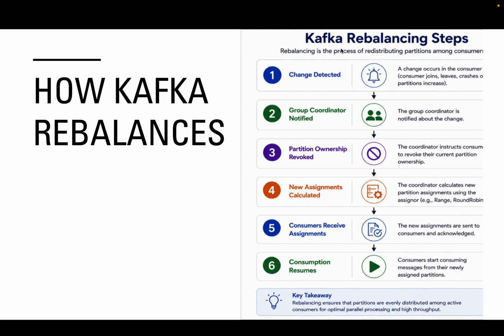So now, the Kafka rebalancing steps. First, a change occurs in the consumers: a consumer joins, a consumer leaves. We saw that a change has occurred. Now there is a group coordinator. In the Spring Boot application, we will see the log. The group coordinator will be notified of the change. The group coordinator instructs consumers to revoke their current partition ownership. This is where the partition ownership will be revoked, and that's where consumption will halt.